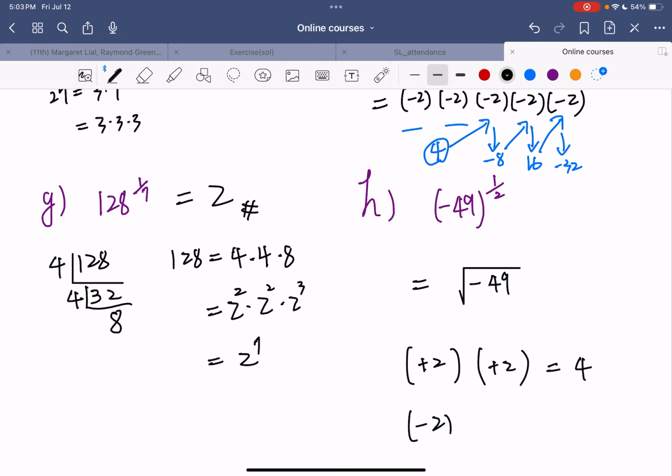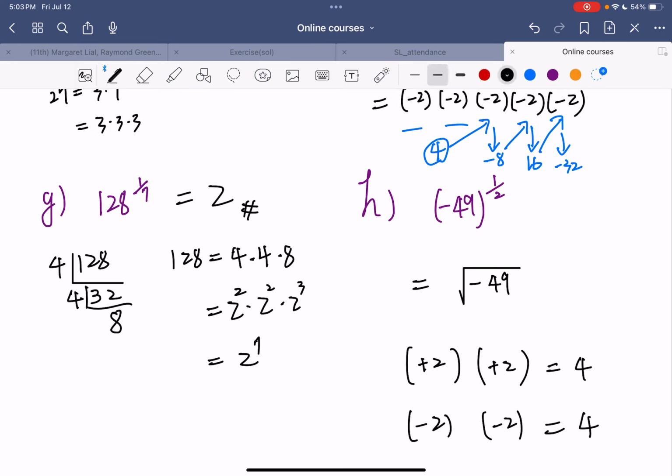If you got negative 2 and negative 2, they will give you still 4, because the negative 1 has 2, so they will be turned into 1. So there's no possibility that 2 same numbers that times each other will give you a negative number.